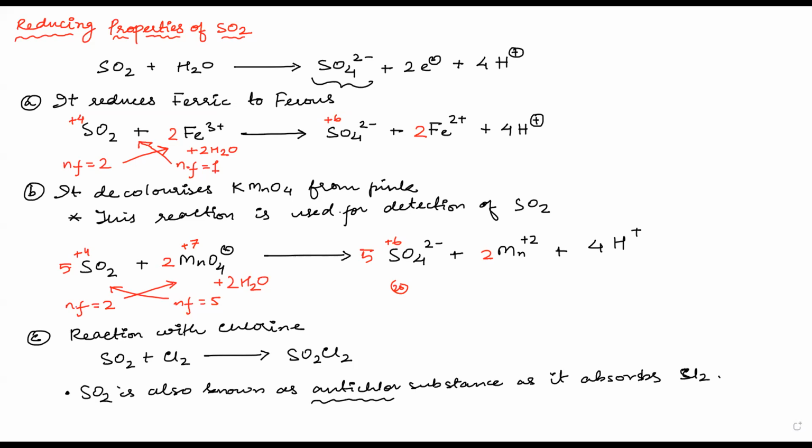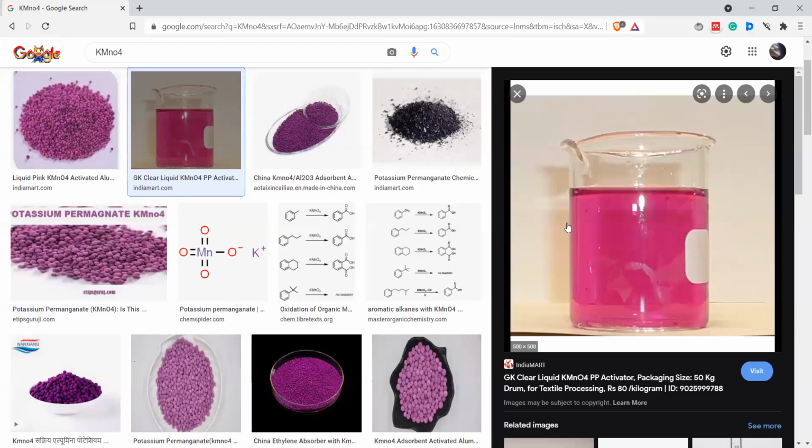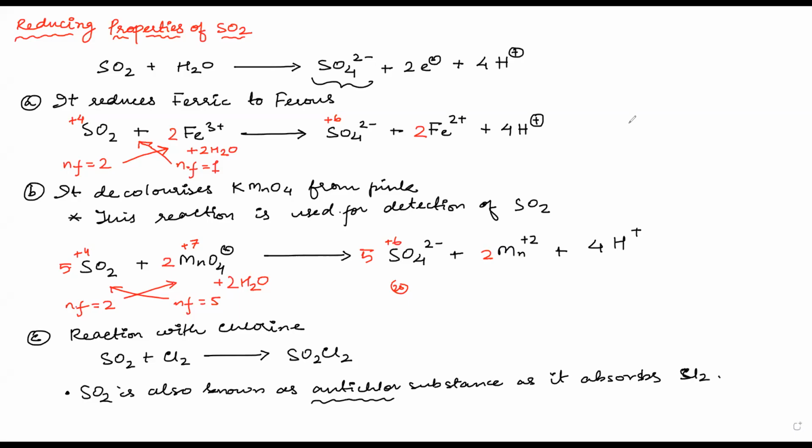Done, sir. Okay, wait a second, let me show you KMnO4 and you decide what color it is. Purple, pink, something? I would go with pink, the one in liquid form. Purplish, kind of pinkish. It is a shade between pink and purple. You have not seen any chemicals? No, sir. Sad.